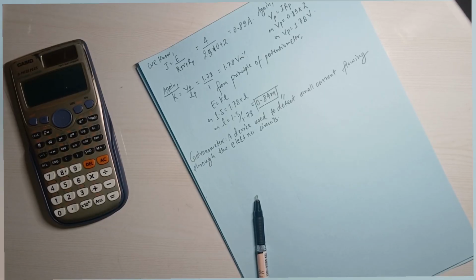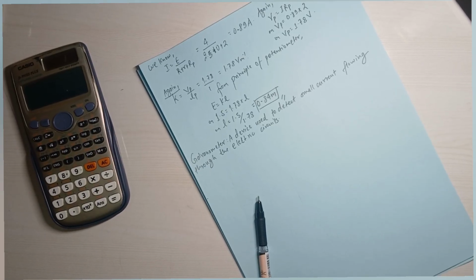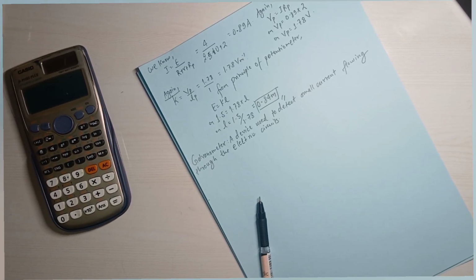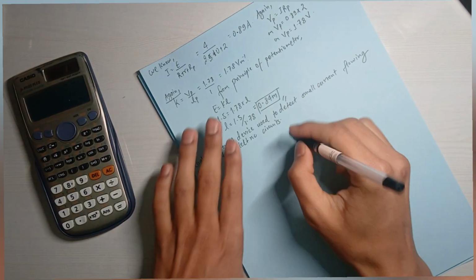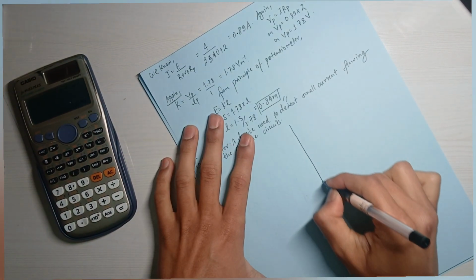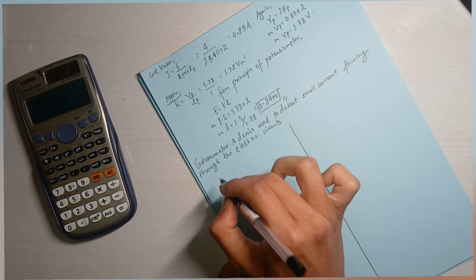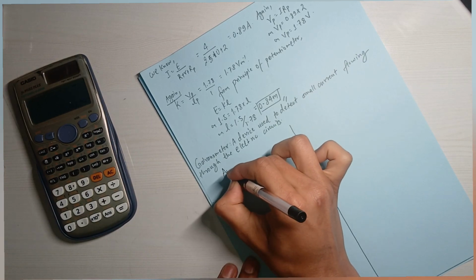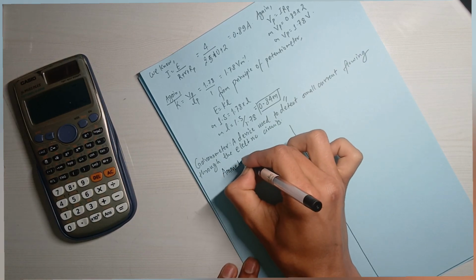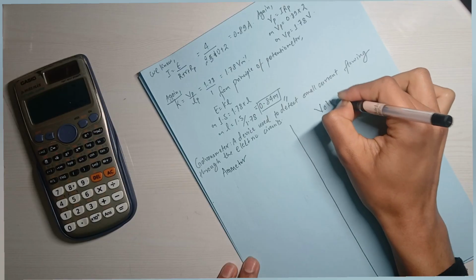So yes, that's how you define a galvanometer. Now you can convert a galvanometer to two devices. First, you can convert it into an ammeter. Second, you can convert it into a voltmeter.